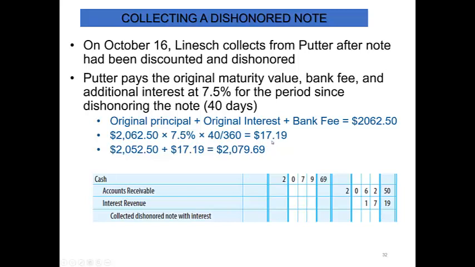So Putter is going to give us a check for the $2,062.50 plus the $17.19 for a total of $2,079.69. So we'll debit cash for $2,079.69, remove the accounts receivable that we had previously debited for $2,062.50. We'll remove that with a credit, and then record the interest revenue of $17.19.